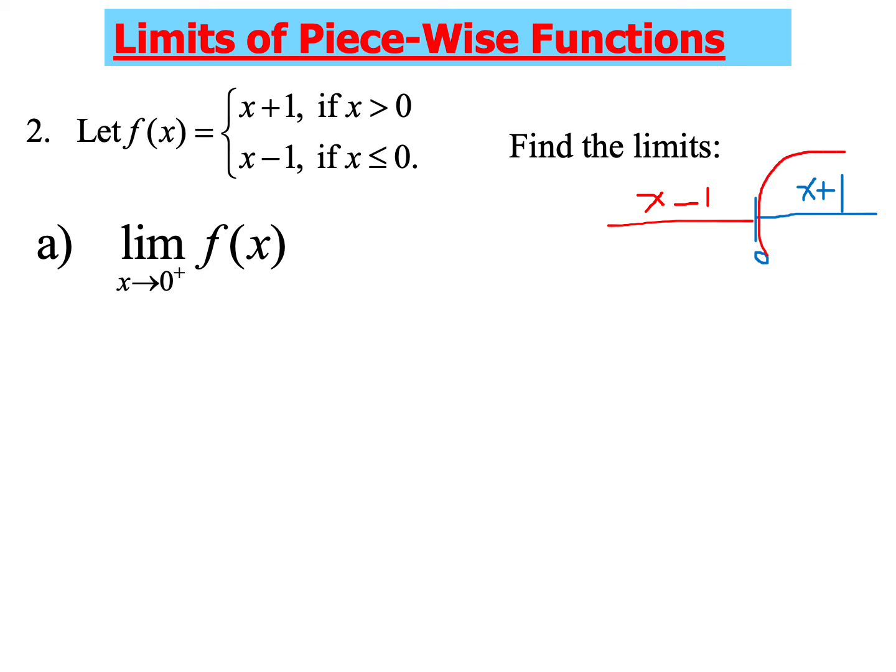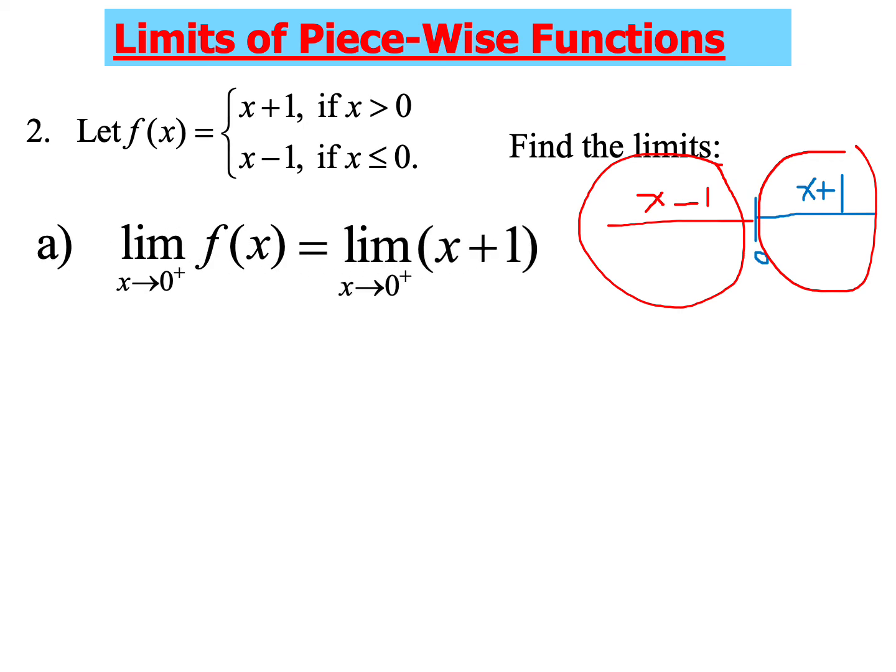When I want to find the limit when x approaches 0 from the right, of course, I have to take only x plus 1. When I replace x by 0, I get 1. That means the limit from the right exists and equals 1.